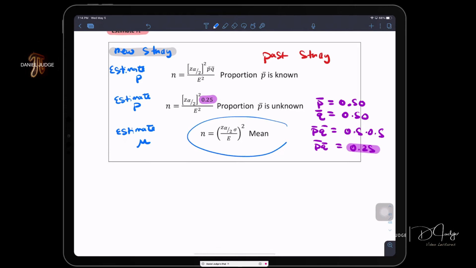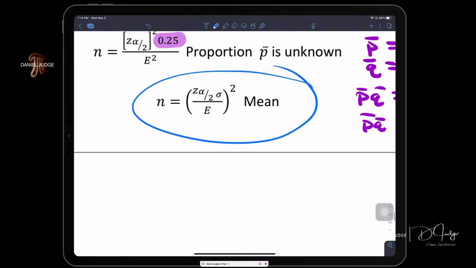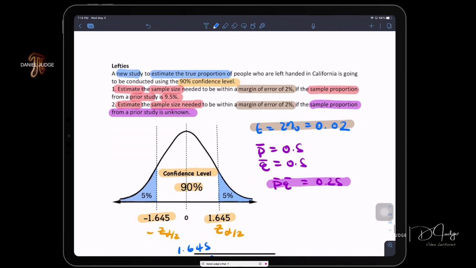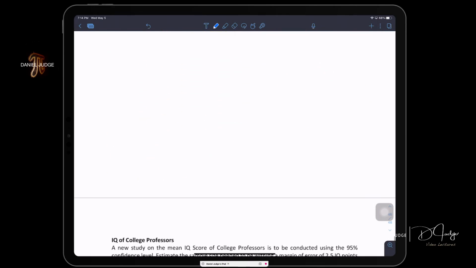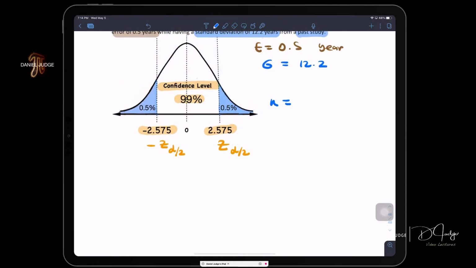To estimate a mean, it's going to be z alpha over 2 times sigma divided by the margin of error, and everything is squared because that's the formula. You write it down: n is z alpha over 2 times sigma divided by E, and you raise that to the second power.